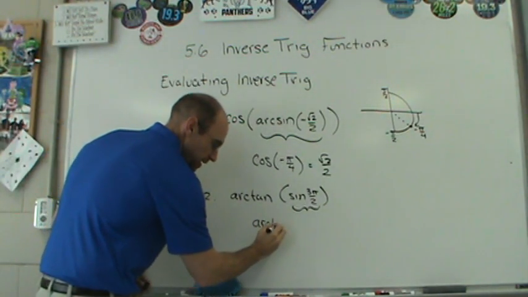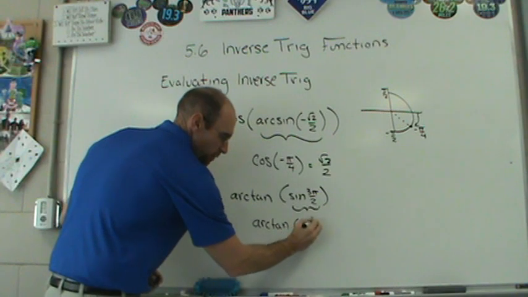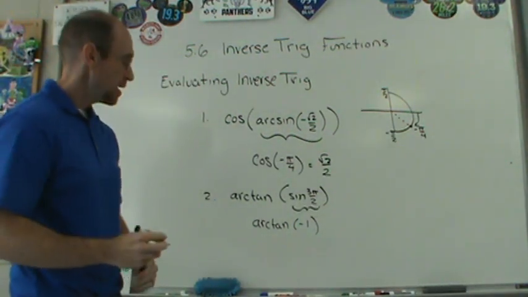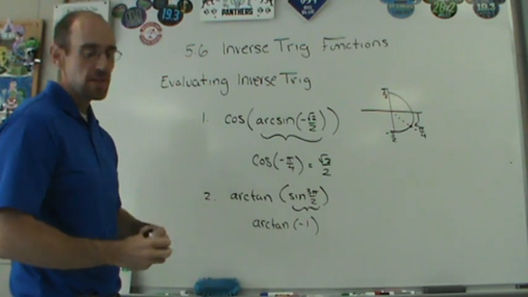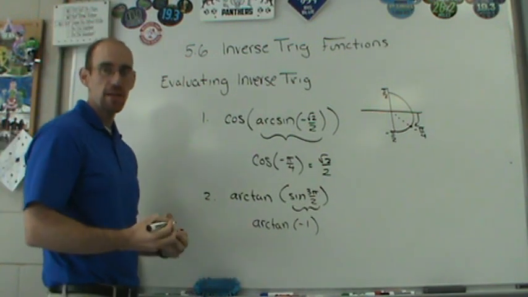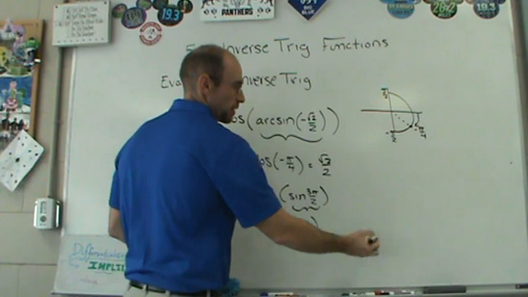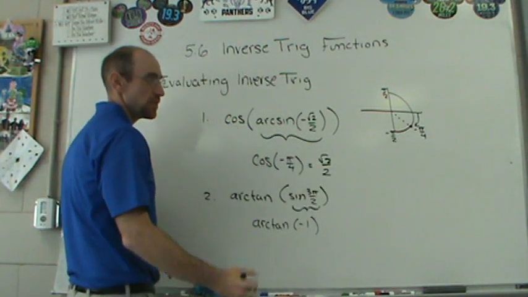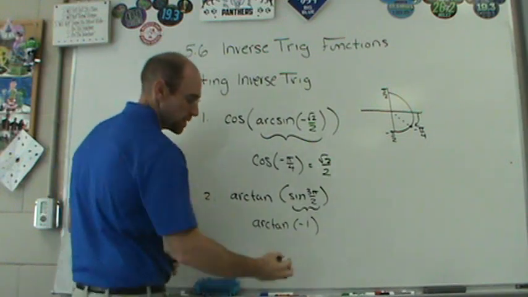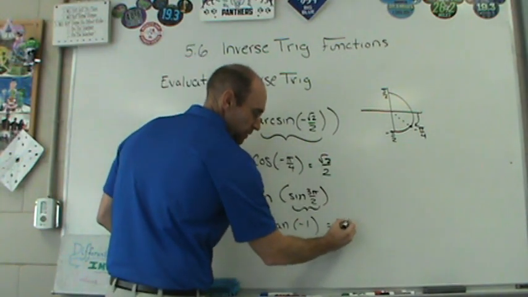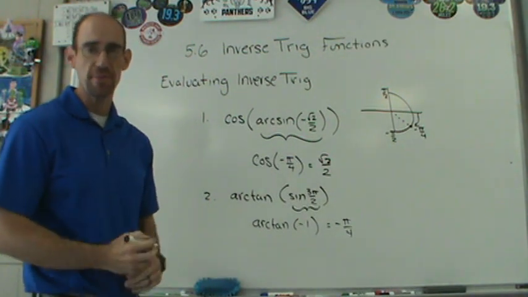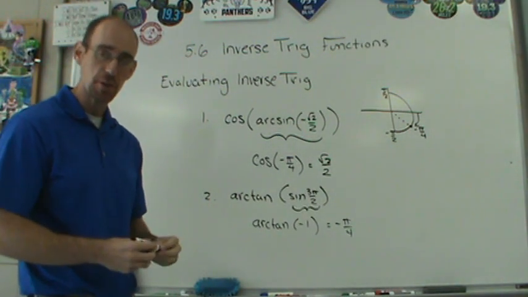So arctan of -1, we actually already did this one, but we did the positive one. All right, inverse tangent, super important to know the 1 and the -1. Again, we're dealing with this same half circle. Negative is going to be on the bottom, so this is actually going to come from -π/4. Okay, so these are just evaluating some inverse trig functions.